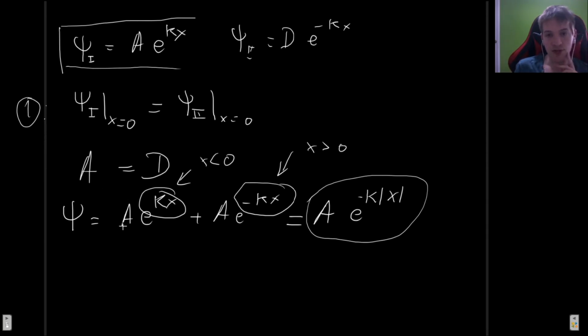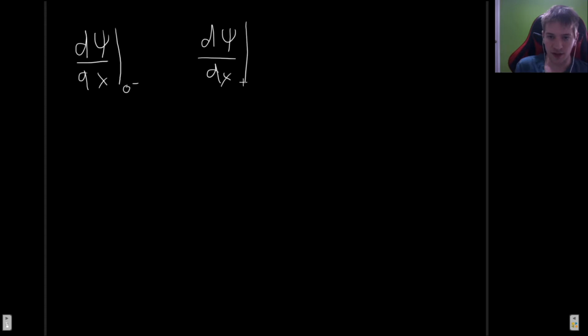Okay, so now we have to begin thinking about the second condition, as I said. We want to know what is the deal with the derivative of our function evaluated in the negative region, right when x begins being negative, which is basically 0 from the left. And how does it relate to the derivative coming from the right?